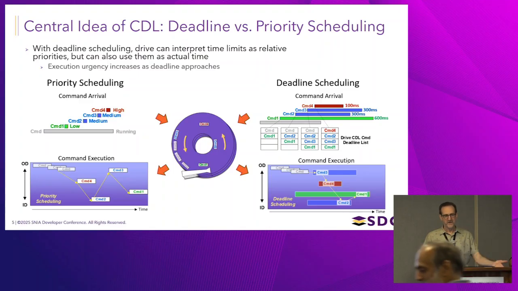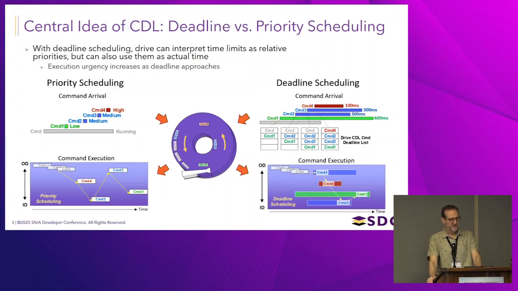So in the priority scheduling world, on the left side of the slide, we show one command running in gray, and then four new commands come in, coded with high, medium, and low priority, just as an example, and they get written to the drive. When the commands come up for execution, the drive, which is spinning in the direction I show, is first going to roll around to command 3.